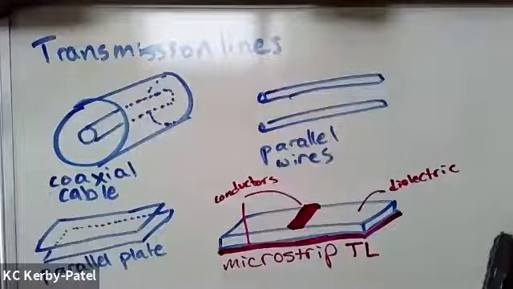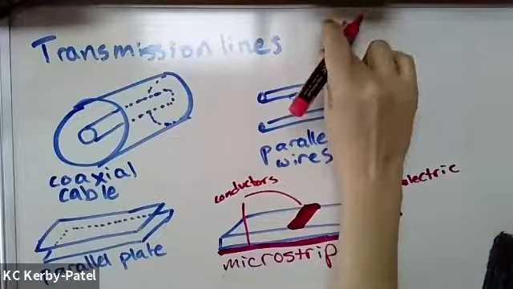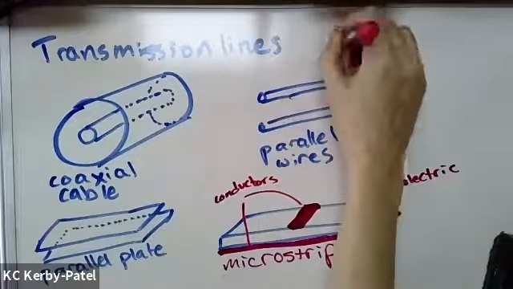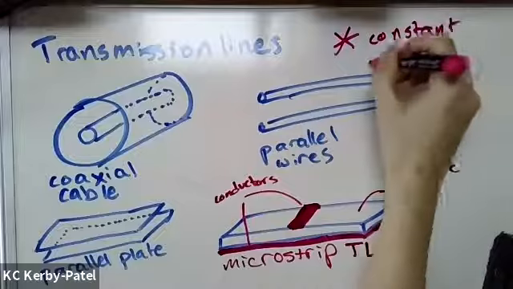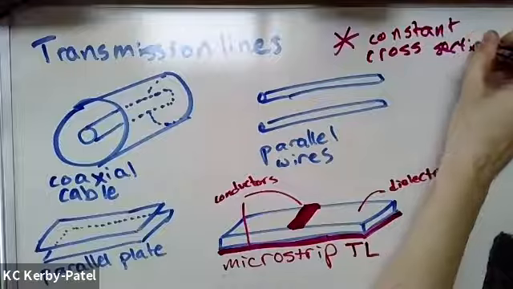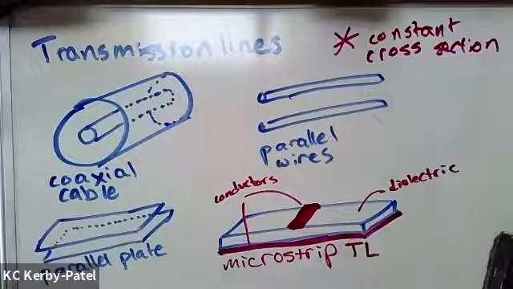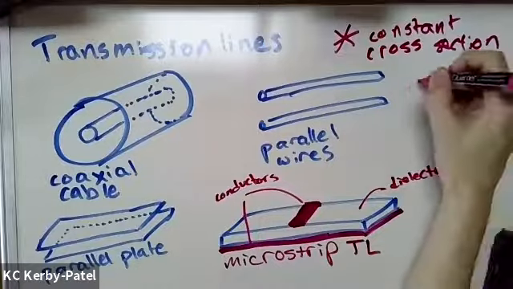Usually, for something to be called a transmission line, it typically has constant cross section. And it also has to have two conductors, at least two.